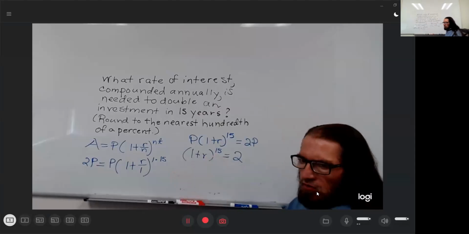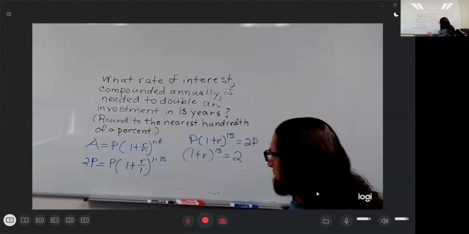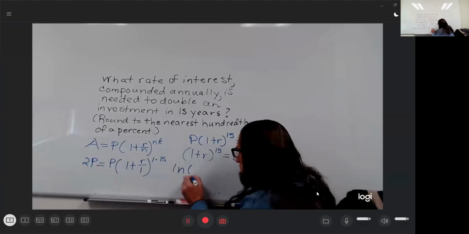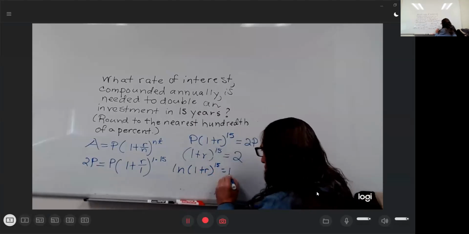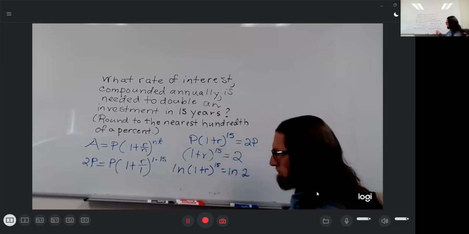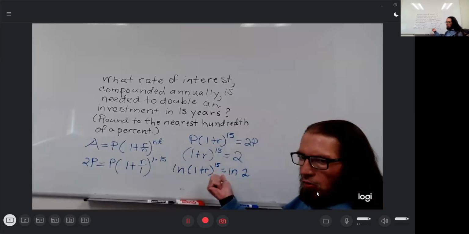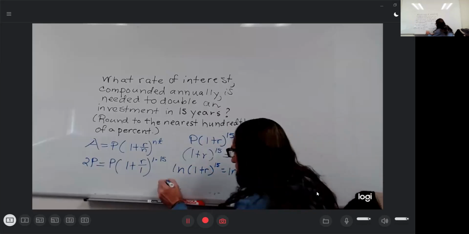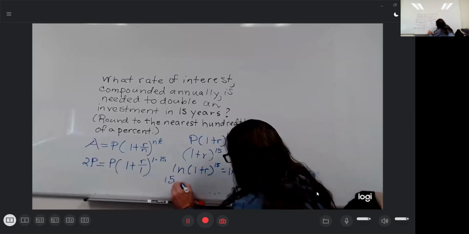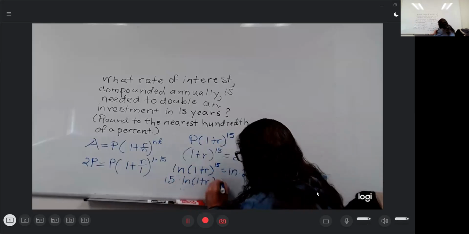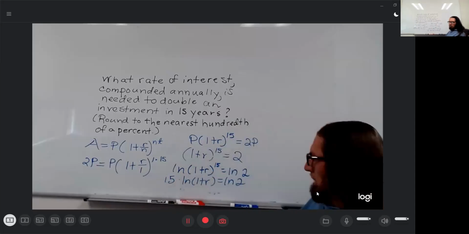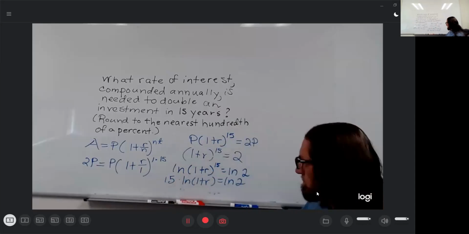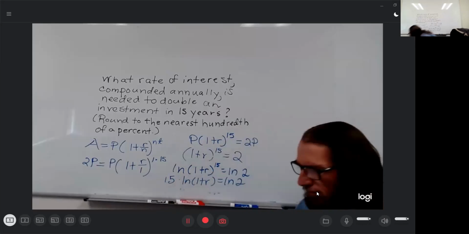But what if I took the natural log of both sides? The power rule would let me bring the 15 out in front. And then I could divide both sides by 15.